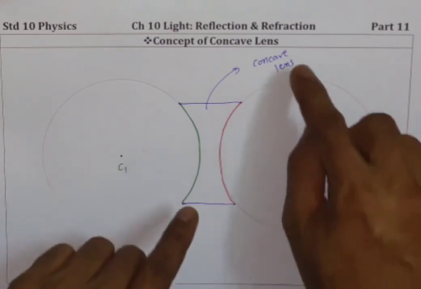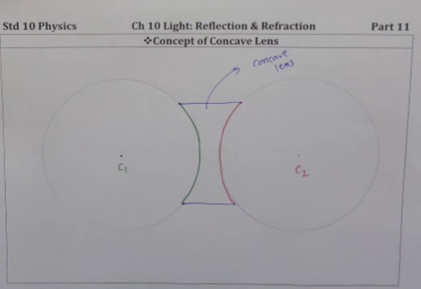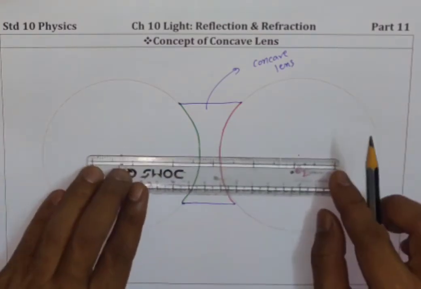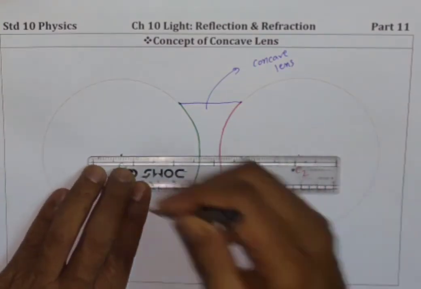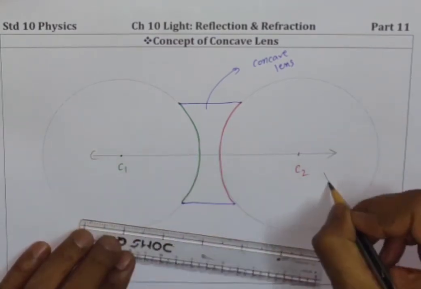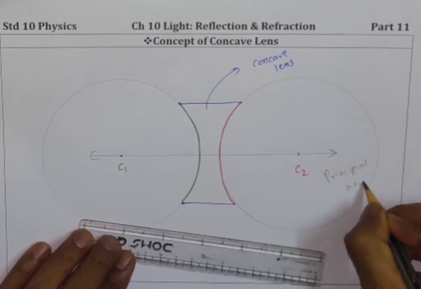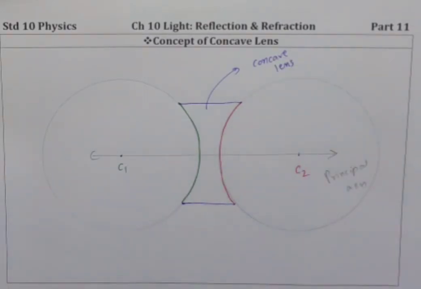So again, the lens has two centers. If you draw an imaginary line passing through these two centers, it is called the principal axis of the concave lens.